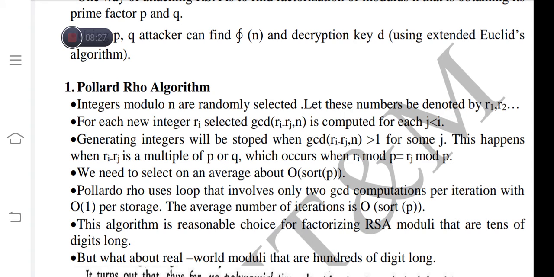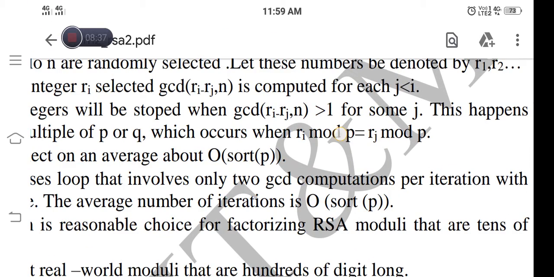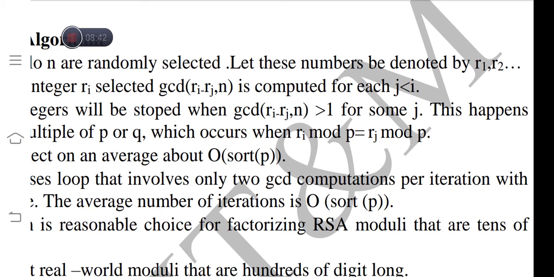This is possible if and only if we have Ri mod p equals Rj mod p. If this condition is satisfied, then the GCD of Ri minus Rj, comma n, which is greater than 1, can be obtained.